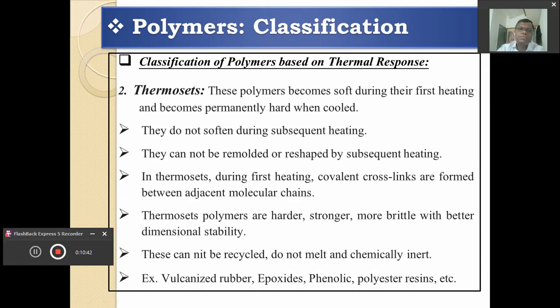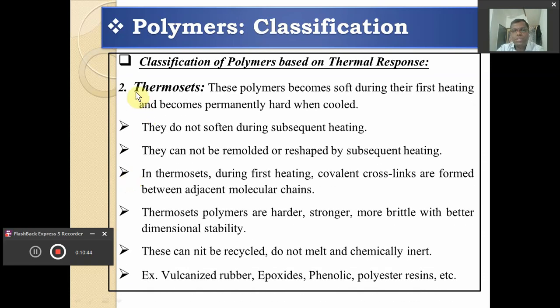Based upon the thermal response, the second type is called a thermoset. The name itself indicates that once they set, they cannot be remolded. This is the problem with this type of polymer. These polymers become soft during their first heating and become permanently hard whenever cooled.